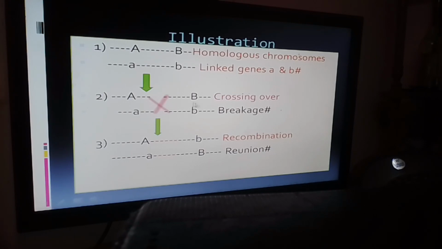It may occur here and there. If you assume there are about 100 genes on the length of a chromosome, this crossing over process may occur between some one or two pairs. So that way there is the possibility for recombination.